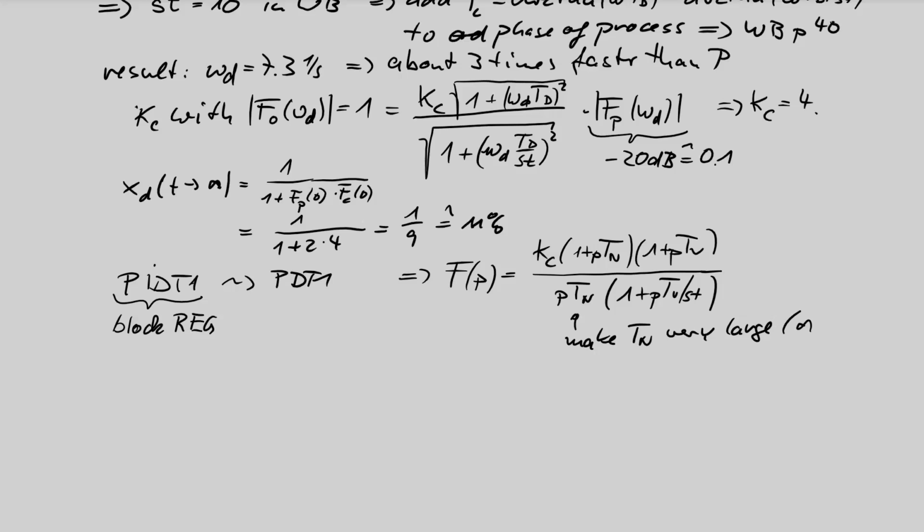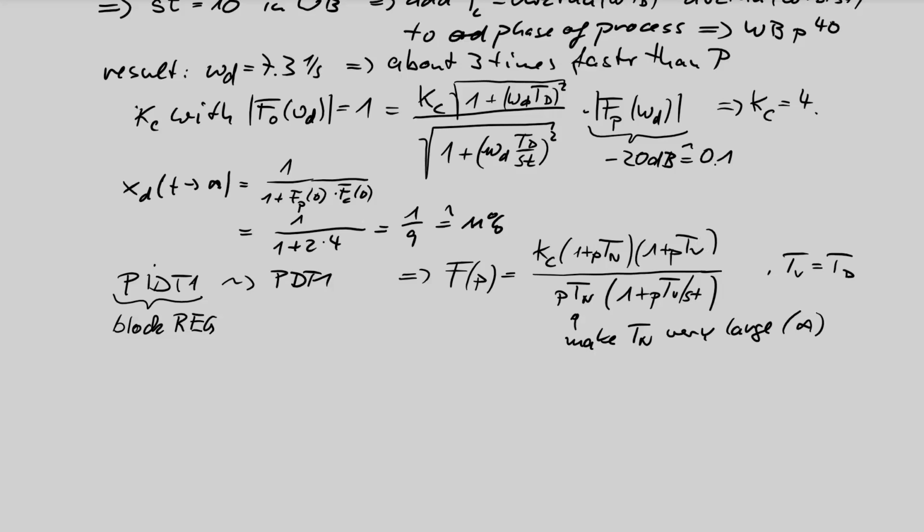Mathematically infinity, but in numerical systems this is not possible. So say 10 to the power of 10 or so. Make it very large. Then this one can be neglected, and you see p·TN and p·TN can be deleted. And you have the final expression where TV and TD are the same factor.